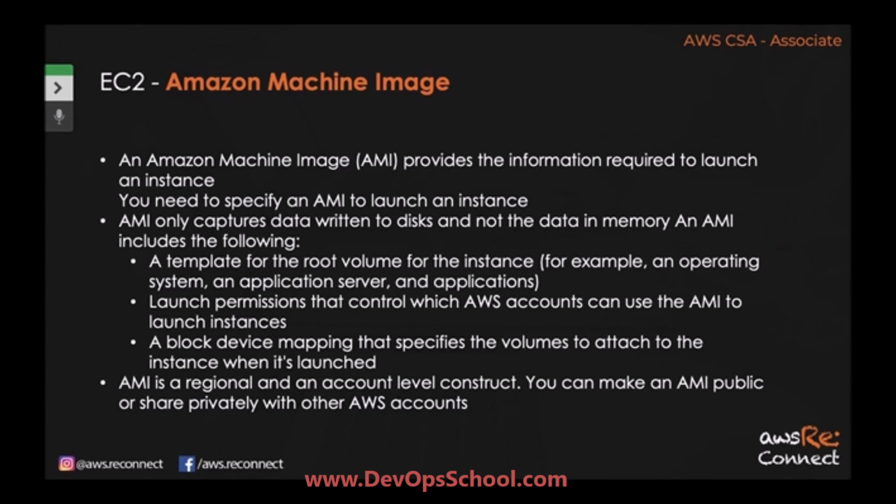For example, an AMI which will include a Red Hat operating system with PHP or Ruby installed. There is another package called Windows Server 2016. There are different kinds of AMIs available on AWS, and you can create your own AMI.